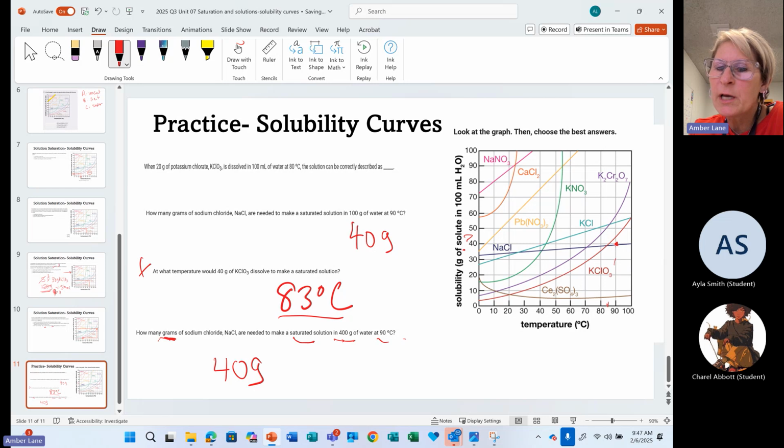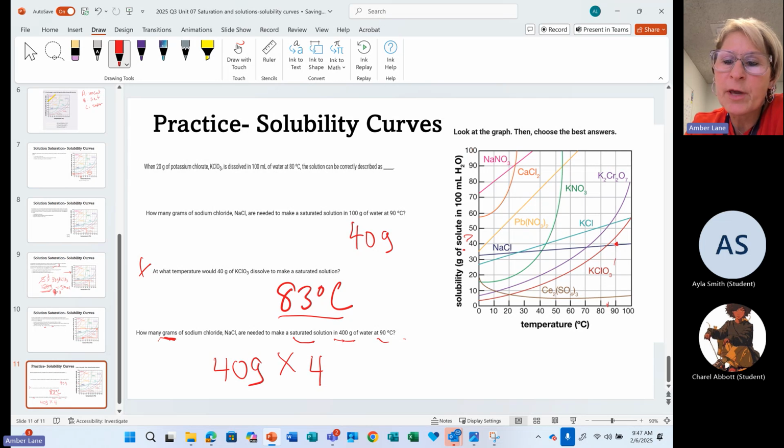So it's 4 times as much as the chart is telling us. So we're going to take 40 and multiply it by what? Any guesses? So we're going to actually multiply it by 4 because we have 4 times the amount of water that is on the chart.